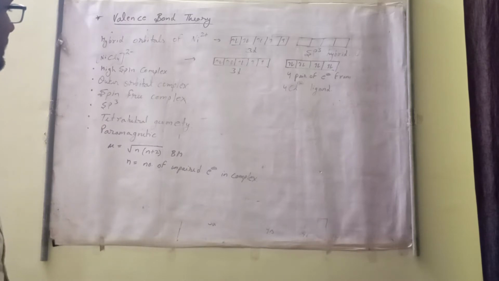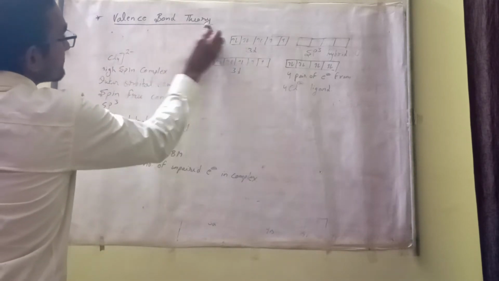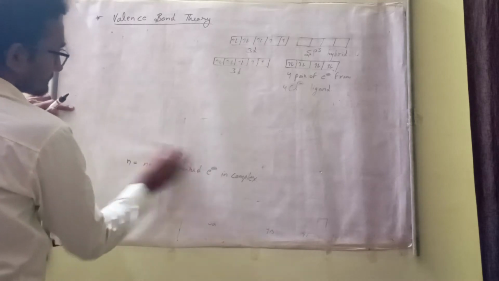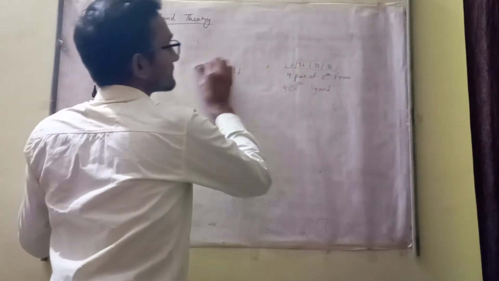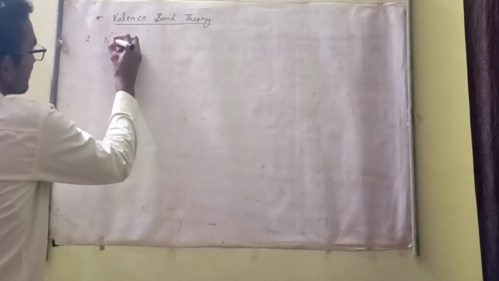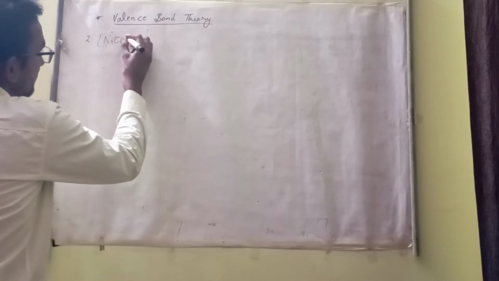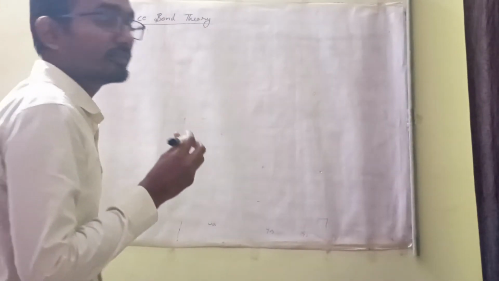Okay, let us take another example. The second one is Ni(CO)4. Here CO is a carbonyl ligand, which is a strong field ligand.